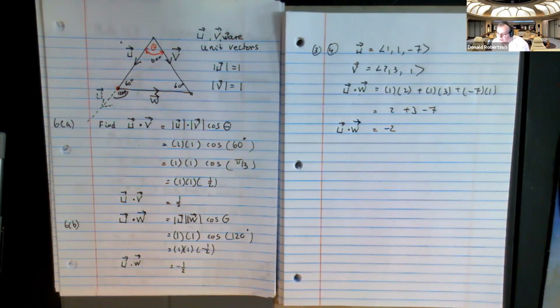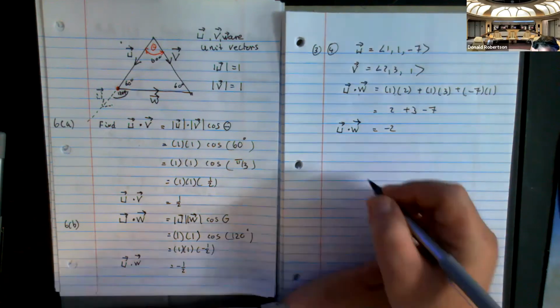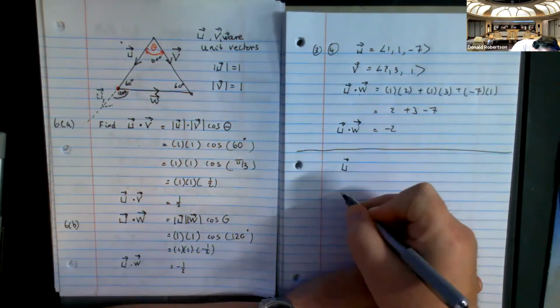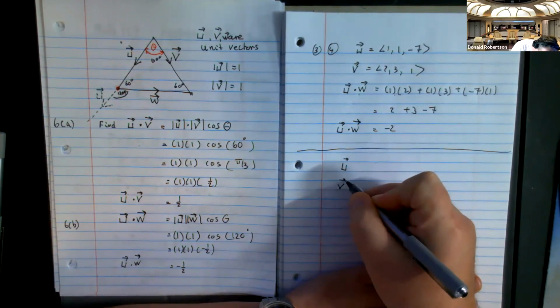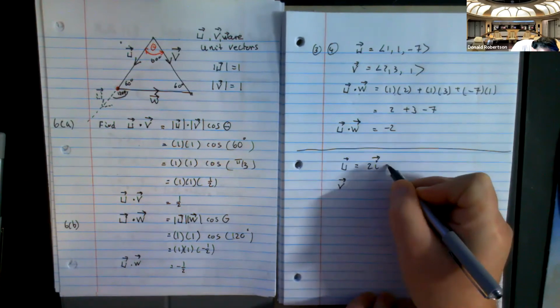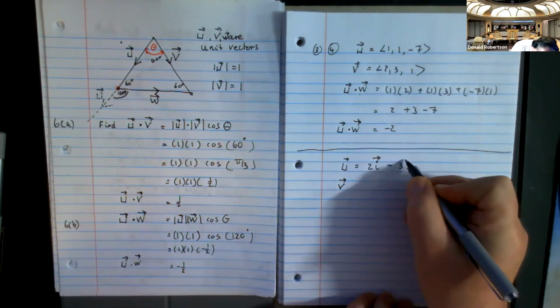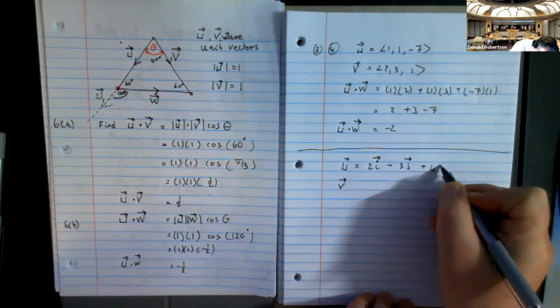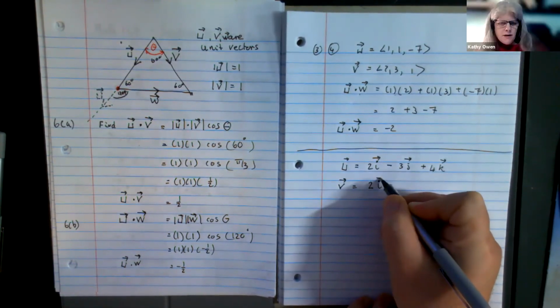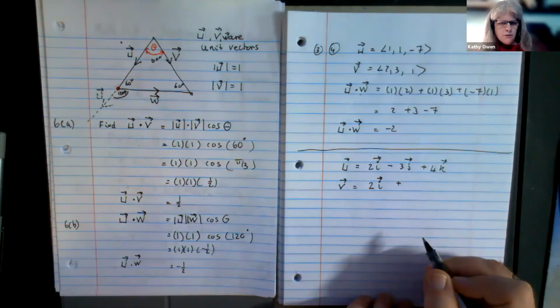There's not an awful lot of thinking about what to do. Suppose I give you the information about U and V in a different format. So is that top vector W or U?